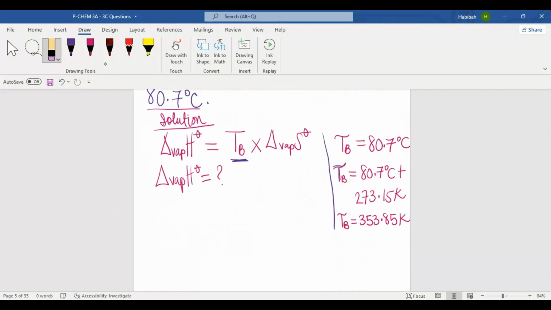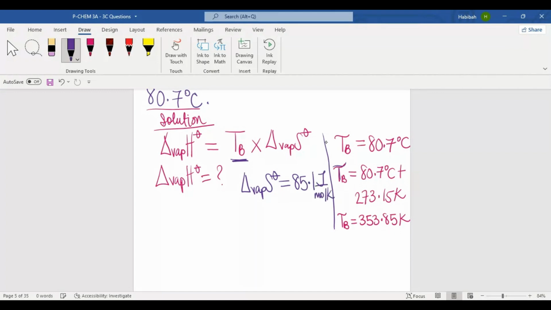In the resource section of my physical chemistry textbook, I see that the change in entropy of vaporization is actually 85.1 joule per mole Kelvin.